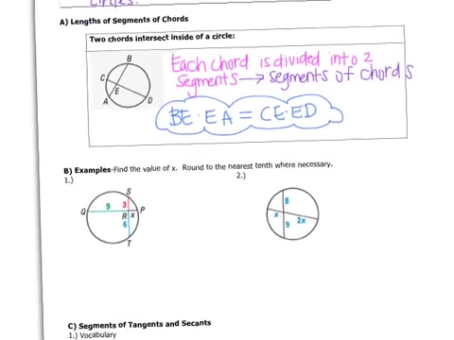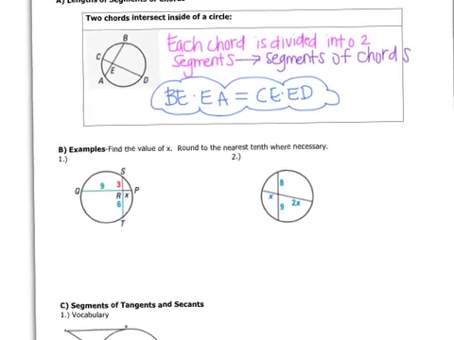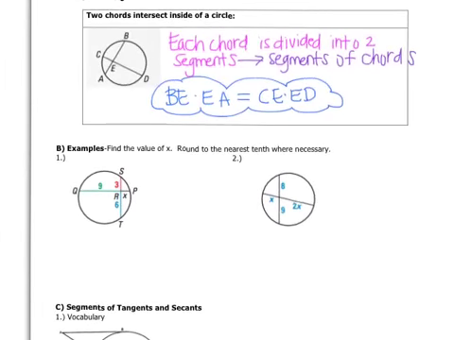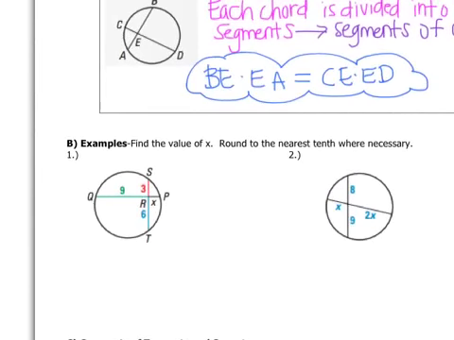If we look at the first example dealing with this, notice what you have. We have chords QP and ST, and we have the lengths of both segments of chord ST, that's the 3 and the 6.